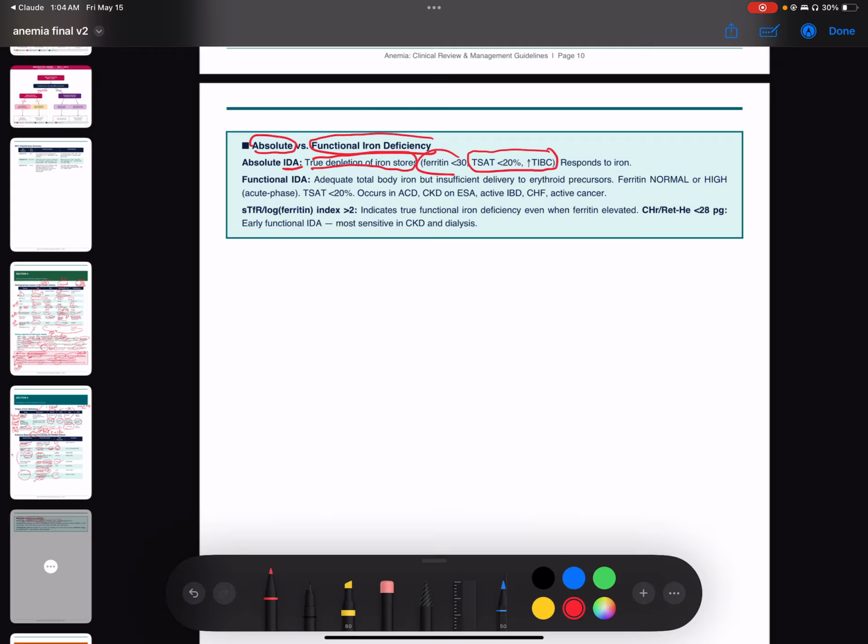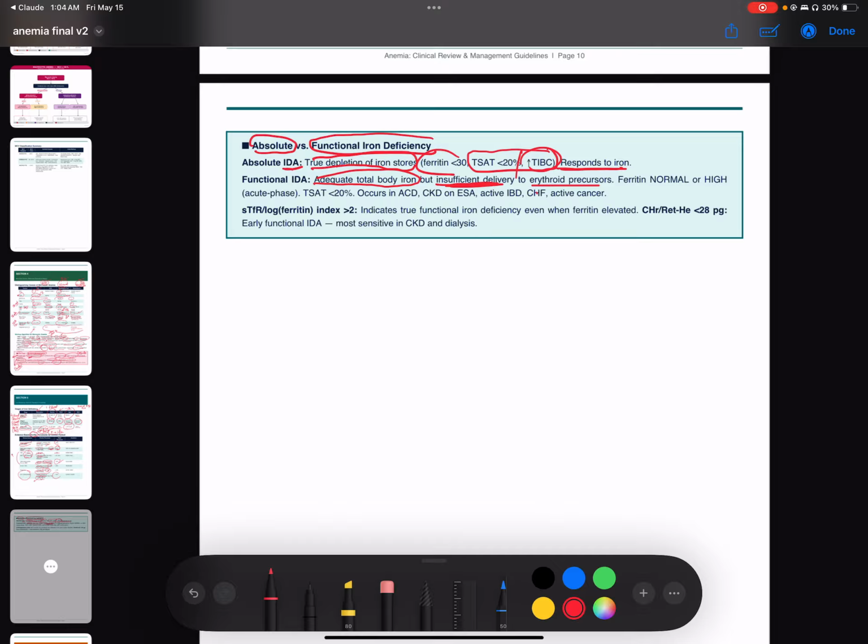So the transferrin saturation will be less than 20, and the TIBC will be elevated, and you expect those patients to respond to iron. In functional IDA, you have adequate total body iron, but you are unable to deliver it to the tissue and actually use it.